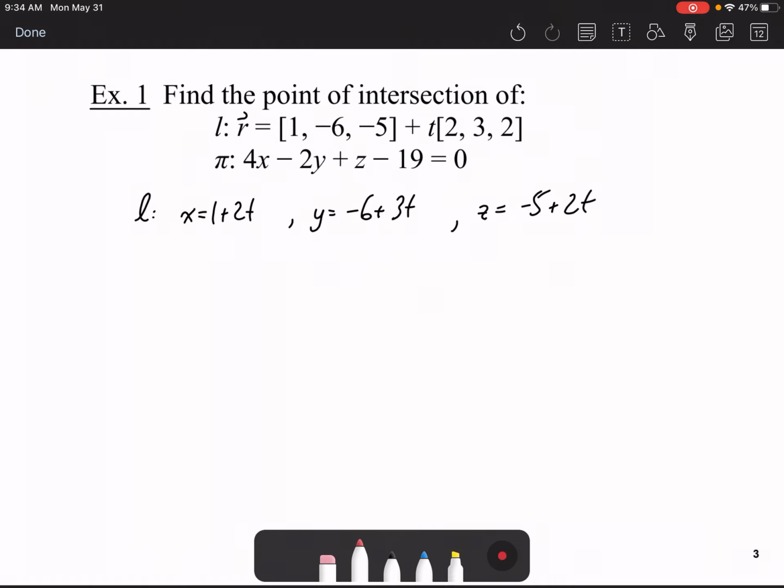Then I take that line and substitute it into x, y, and z. From here, you want to expand and simplify and solve for t.